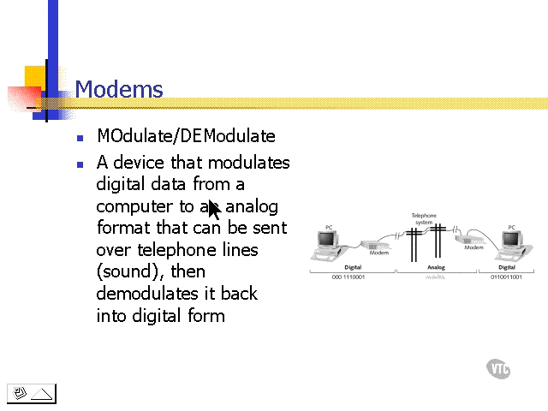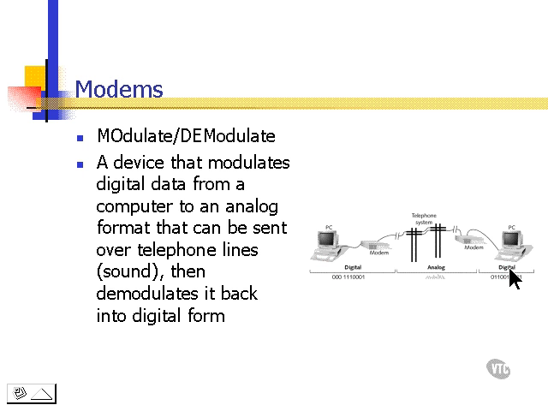So a modem, which stands for modulate, demodulate, modulates digital data from a computer to an analog format that can be sent over a telephone line, in other words, sound. Then, on the other side, the data is demodulated back into digital form so that the receiving computer can understand it.